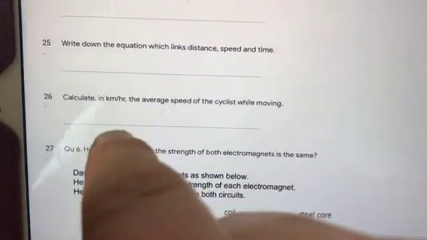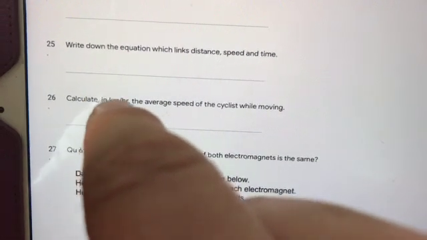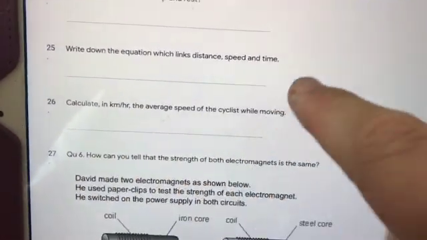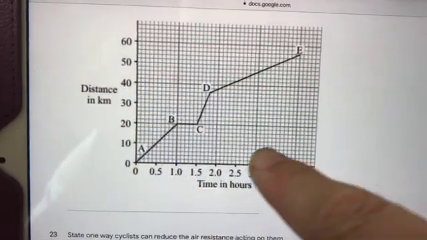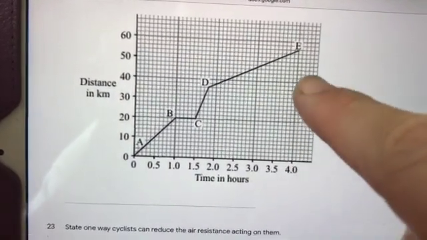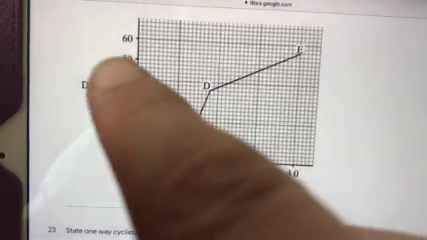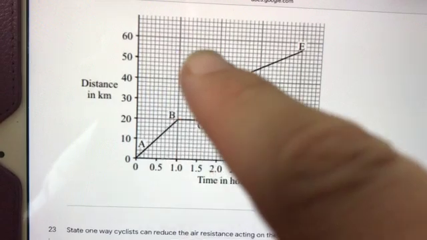Now the clue here is kilometres per hour. So you need to know the total kilometres and the total time. Now lots of you looked at the graph and went, well, that's easy. Just this point here tells me the total time is 4 hours and the total kilometres, oh, well, that's about 56 there.